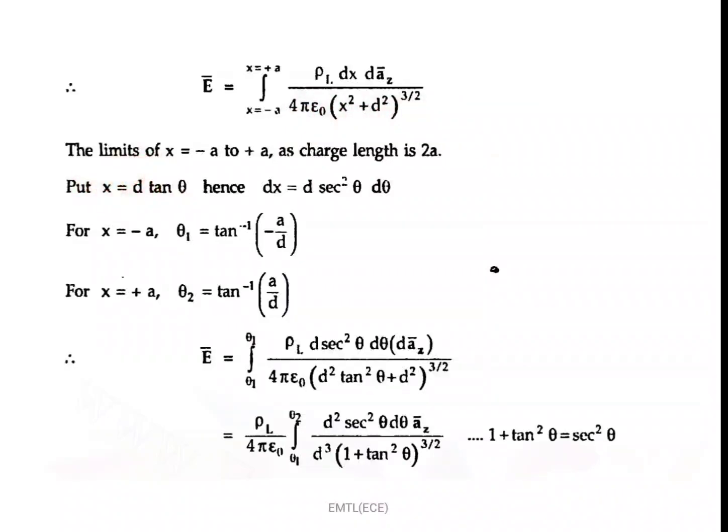Now differentiating, dx is equal to d constant, tan theta differentiation is secant square theta d theta. Now change the limits of x. If x is equal to minus a in this equation, then theta 1 is tan inverse of minus a by d.